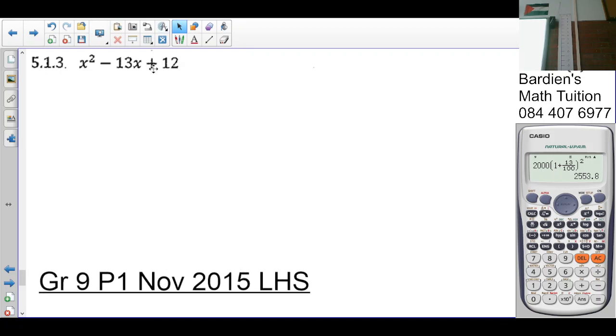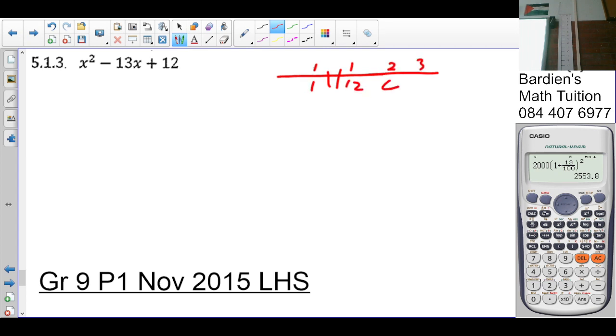Right, what is the factorization here? Trinomials. So what goes on the line? 1 and 12, 2 and 6, 3 and 4.